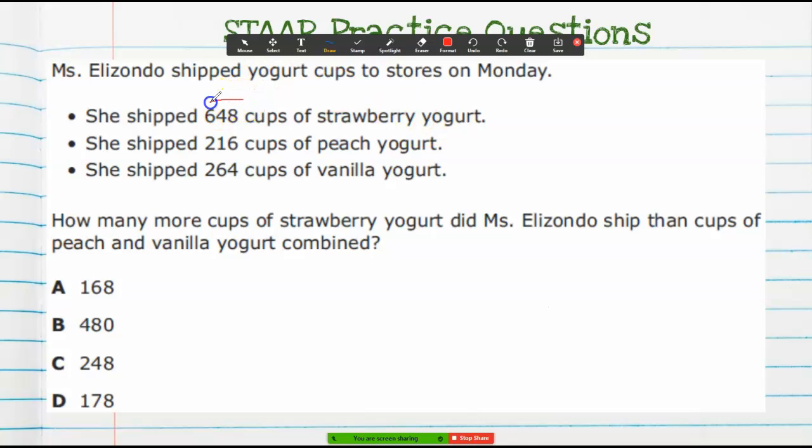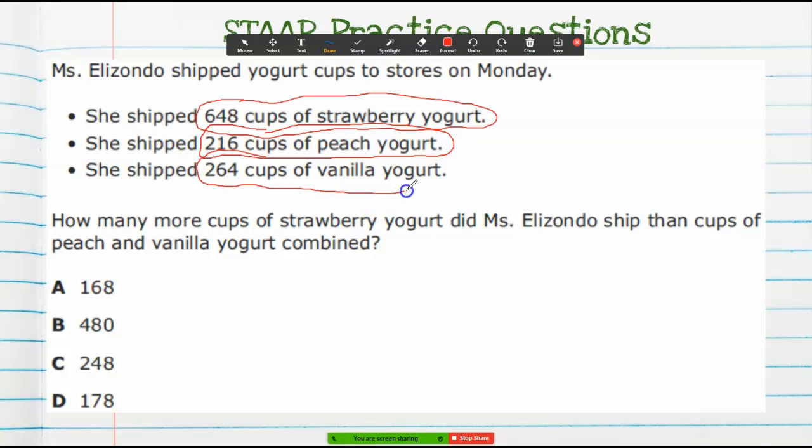So we have 648 cups of strawberry yogurt, 216 cups of peach yogurt, and 264 cups of vanilla yogurt. So I have strawberry, peach, and vanilla. How many more cups of strawberry yogurt did Miss Elizondo ship than cups of peach and vanilla yogurt combined?